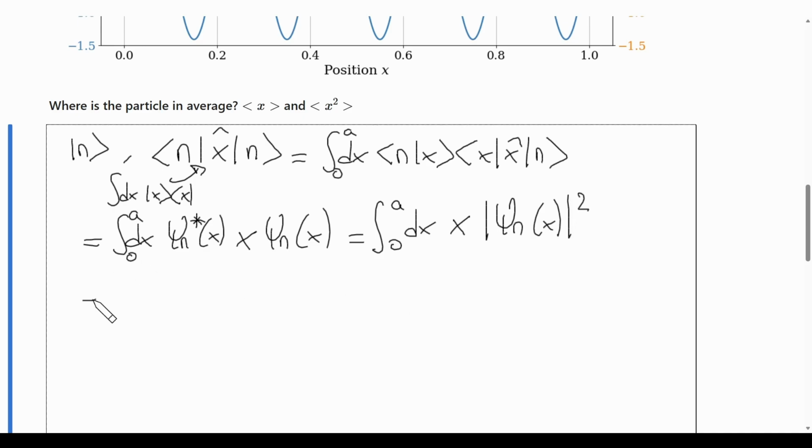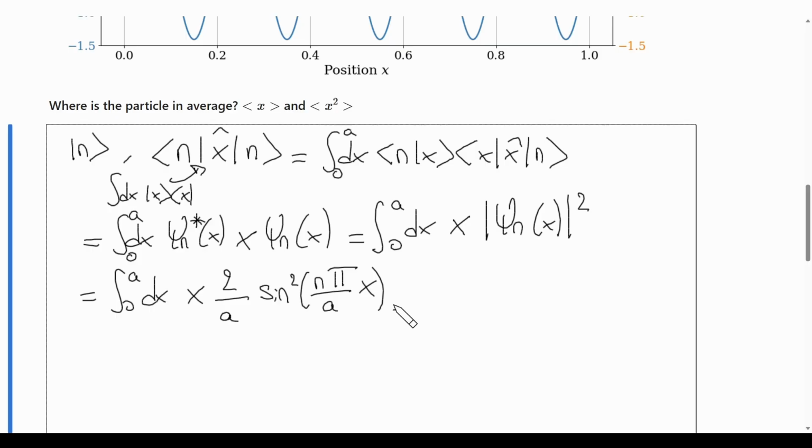But we know ψ_n, it's simply 2 over a sine squared (n π over a x), times x.